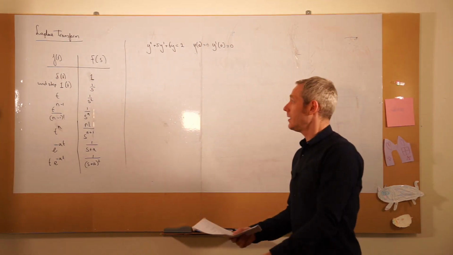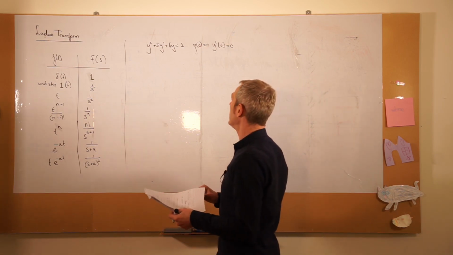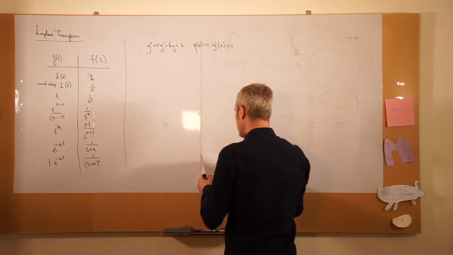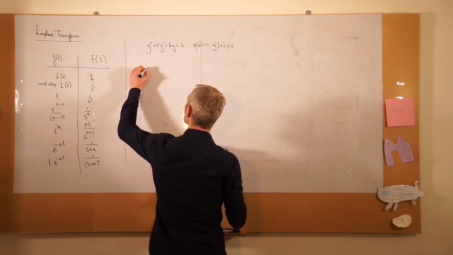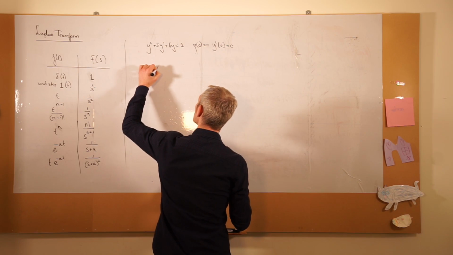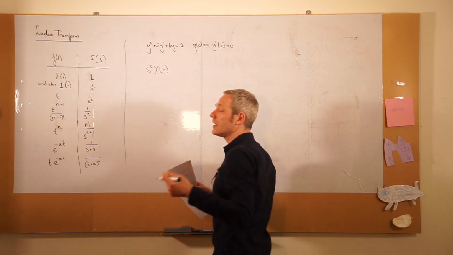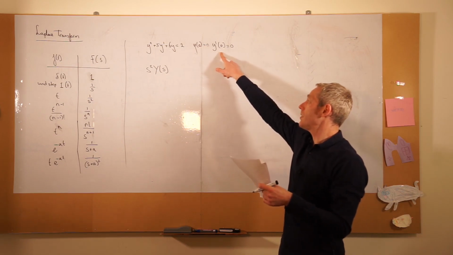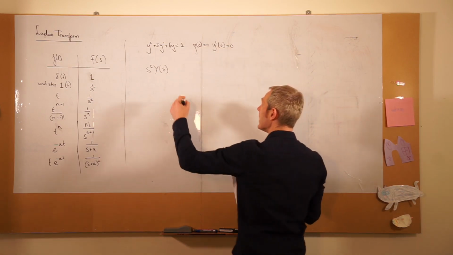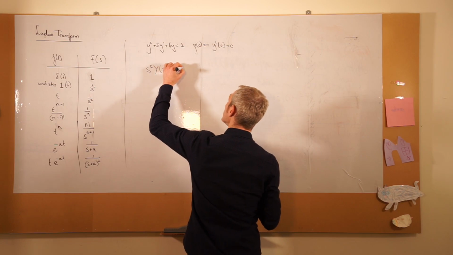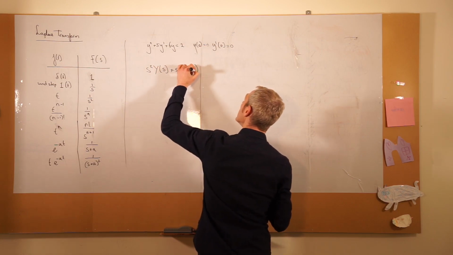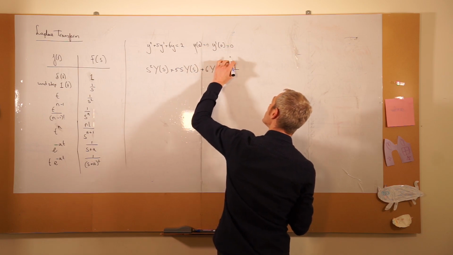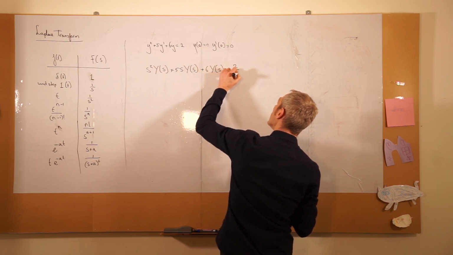Again, we can take the Laplace transform, and now I have a constant function, so I'll end up with a 1 over s. S squared times the Laplace transform of y, minus s times y of 0 minus y prime of 0, but these are both 0, so I'll leave them out, plus 5s Y of s plus 6 Y of s is equal to 2 over s.